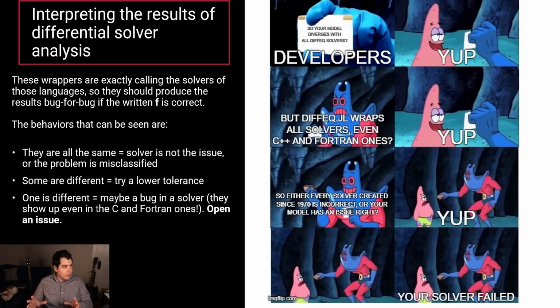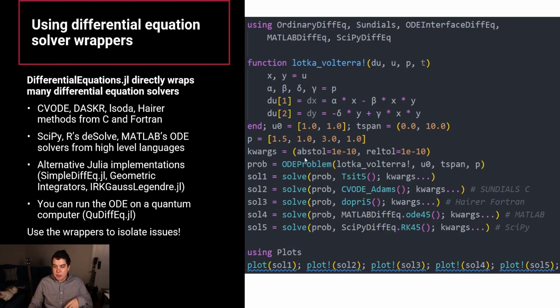If some of them are different, most likely the issue is tolerance, right? So here in this example, notice that I changed the tolerance. I put the keyword arguments for abstol, reltol sufficiently small. The solvers are only guaranteed to converge to the same answer as delta t goes to 0, as the tolerance goes to 0, right? If the tolerance is sufficiently high, then there can be differences in the solution. And so when you do this, make sure that you actually set your tolerances low enough.